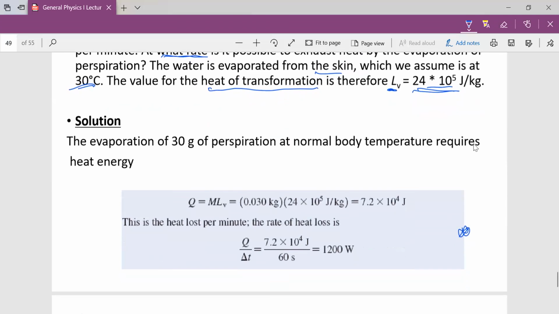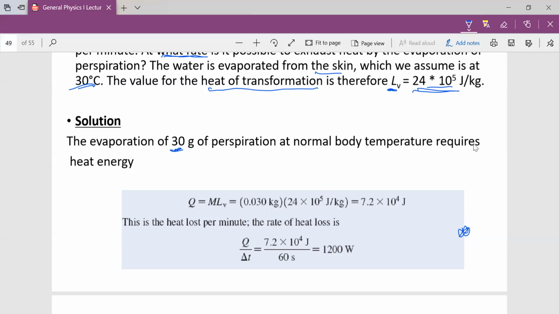We'll begin solving this problem by first converting our gram to the standard unit kilogram, which will give us 0.03 kilogram. So the vaporization of 30 grams of perspiration at the normal body temperature, which we already know.